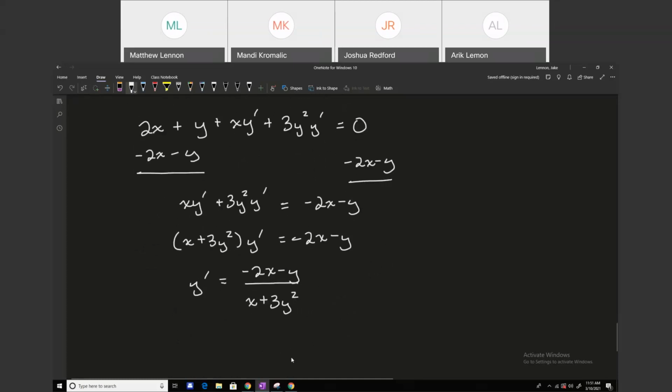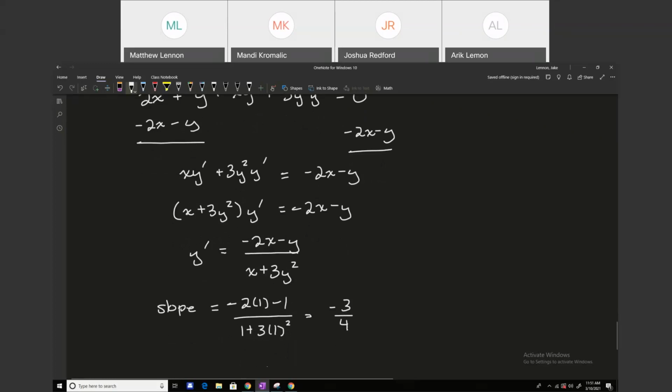Okay, and then you plug in the point that they gave us, which was 1, 1, for the slope. So the slope is going to be negative 2 times 1 minus 1 over 1 plus 3 times 1 squared. So we get negative 3 over 4. That's our slope.